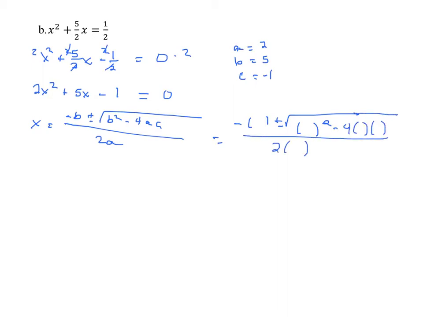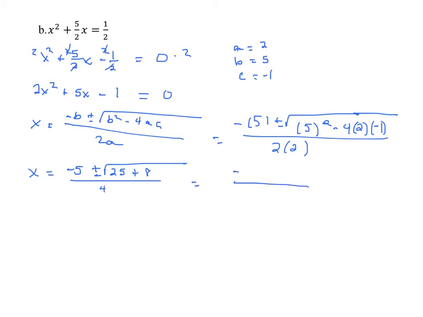Don't be lazy on these, you guys. If you do it right the first time, you won't have to redo it. 5 in for b. a is 2. c is negative 1. And a is 2. So here we go. X is equal to negative 5 plus or minus the square root of 25 plus 8 all over 4.